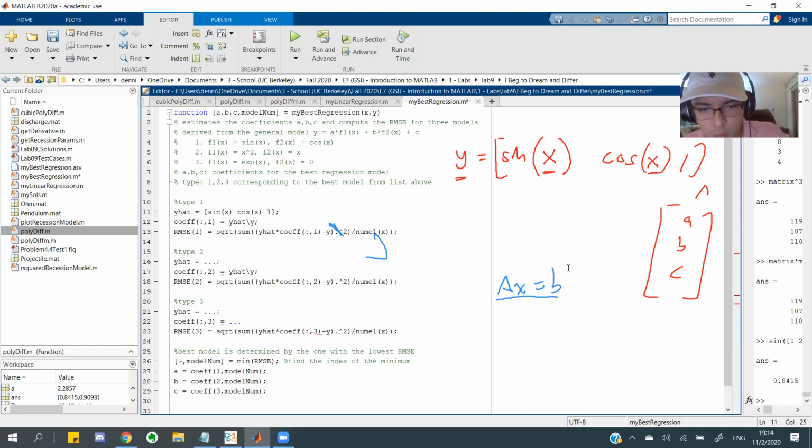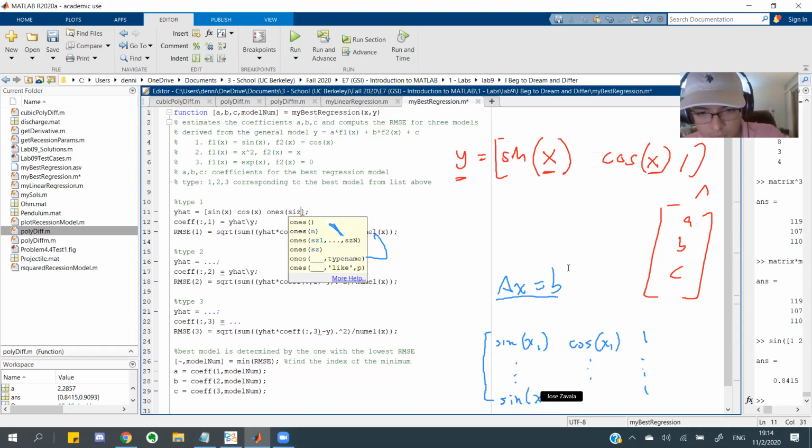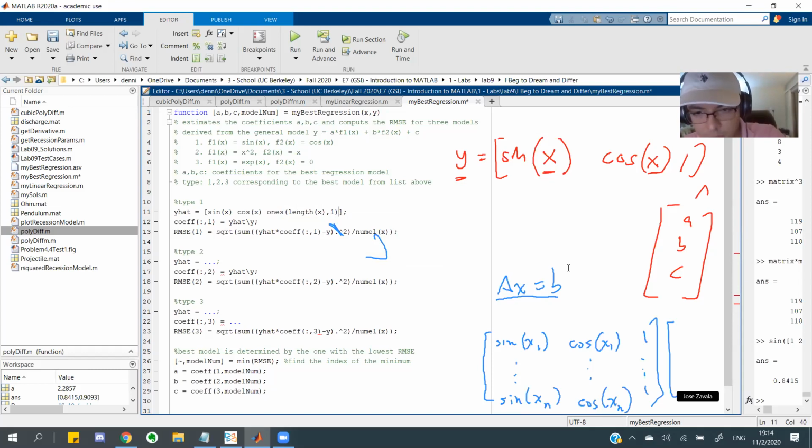But in this case, we would have something like: sine x1, cosine x1, 1, dot dot dot, 1, sine of xn, cosine, times a b c equals y1, y2, dot dot dot yn. So this is the problem we're trying to solve.